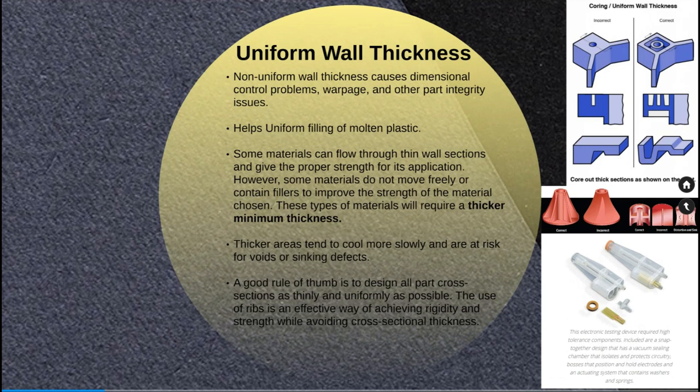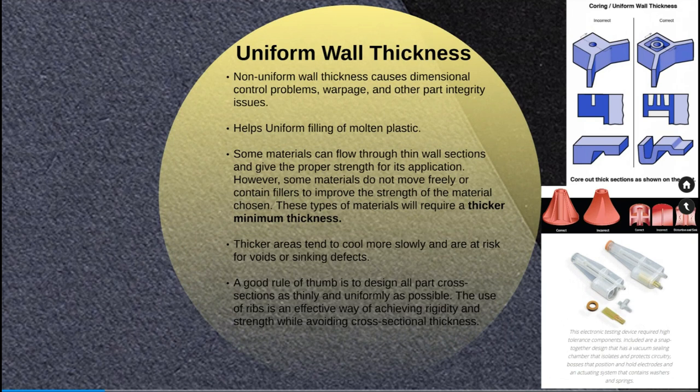Also, some materials can flow through thin wall sections and give the proper strength for its application. However, some materials do not move freely through a certain thickness. So you need to consider what material you use and design the wall thickness according to the viscosity of the material.